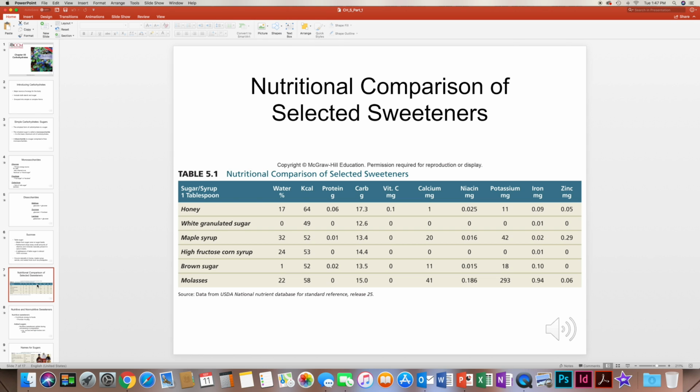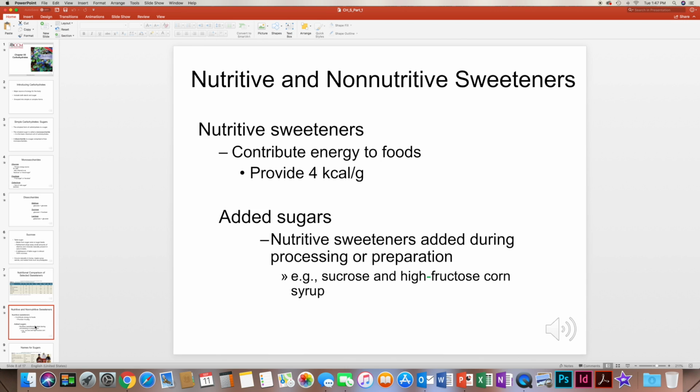Sometimes we think just because it's a natural sugar it's okay for us, but there's a lot you should understand with regard to the calories and the percentage or grams of carbohydrates in them, especially if you're watching your sugar intake. There are different types of added sugars that are non-nutritive and have a certain amount of calories. Carbohydrates usually provide 4 calories per gram of food.